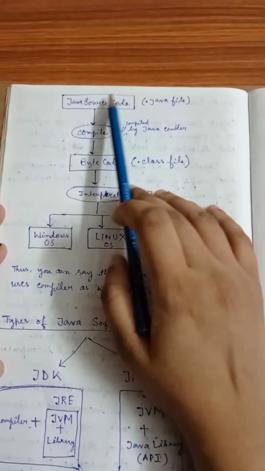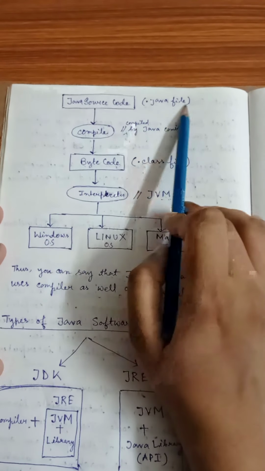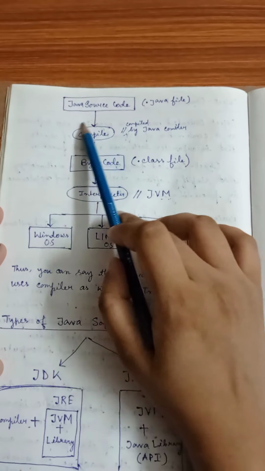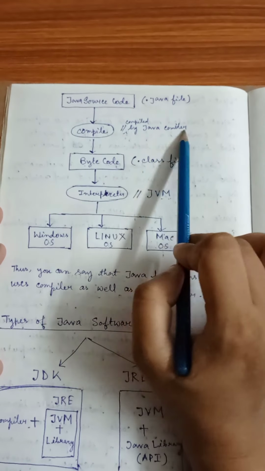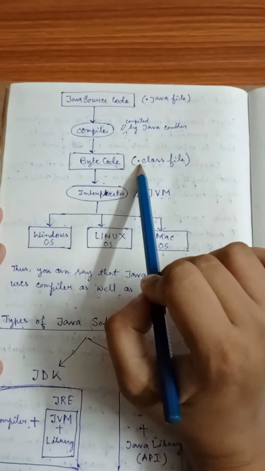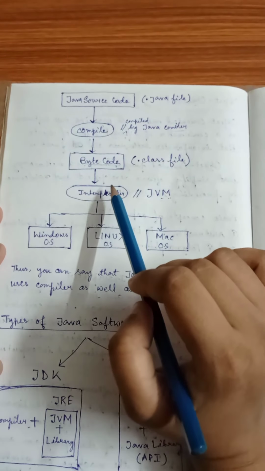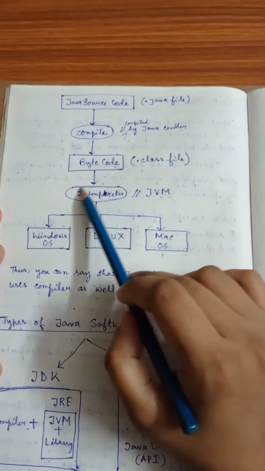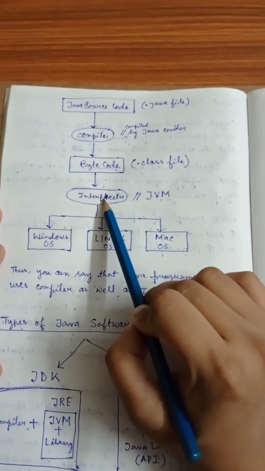Let's understand this concept using this diagram. So, Java source code is a .java file. After compilation by the Java compiler, it creates bytecode, which is a .class file, and then this bytecode is converted by the interpreter.